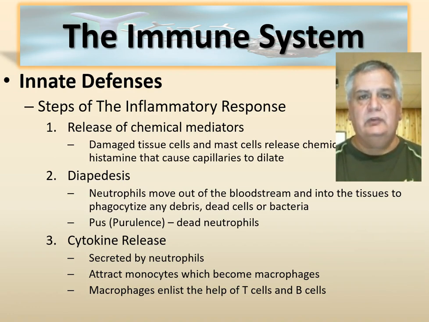The macrophages themselves then will enlist the help of T cells and B cells, and those T cells and B cells will be engaged in the third and final stage of the immune response. We'll be taking a look at T cells and B cells a little bit later on.